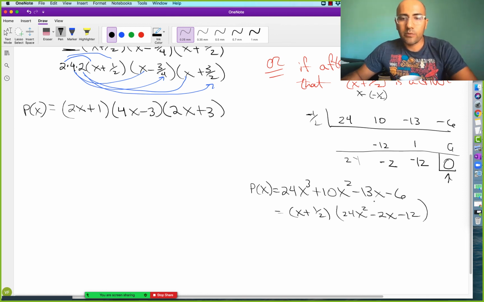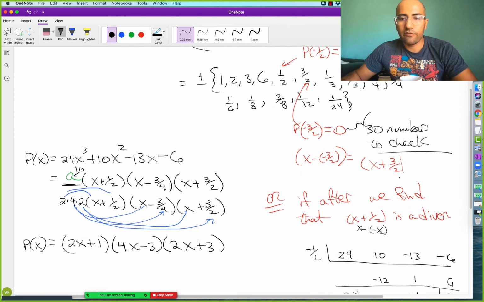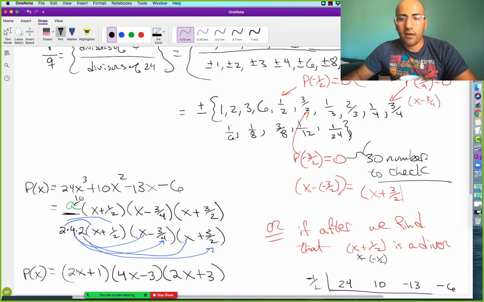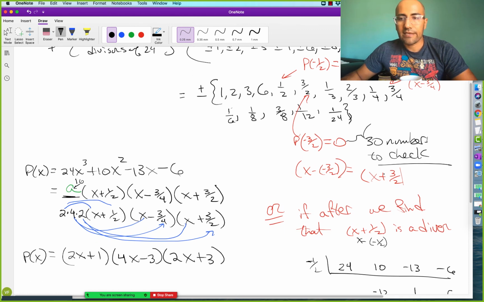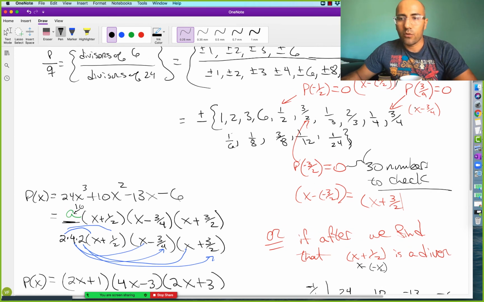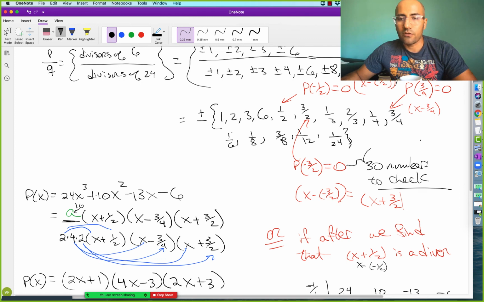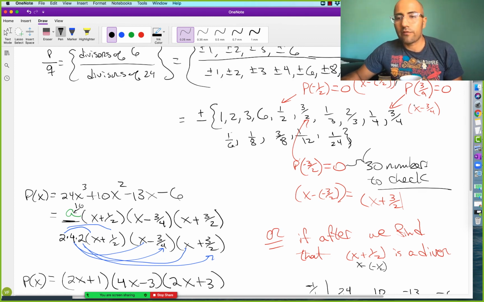Now, once we keep going through this guy, we also found out that negative 3 over 2 is a 0 of this, which means that x plus 3 over 2 is a divisor. We also found out this one. Positive 3/4 is a 0, therefore x minus 3/4 is a divisor.